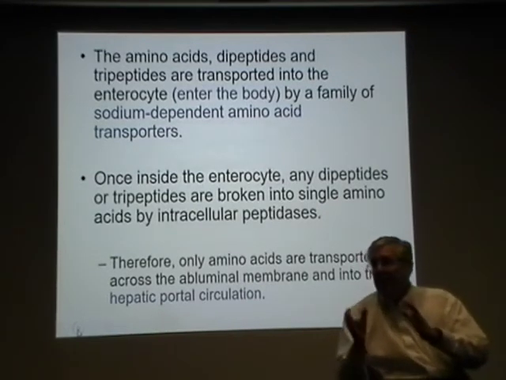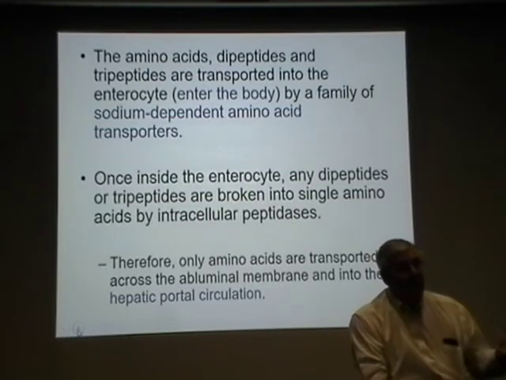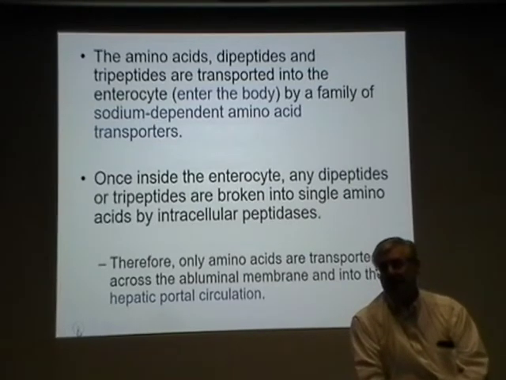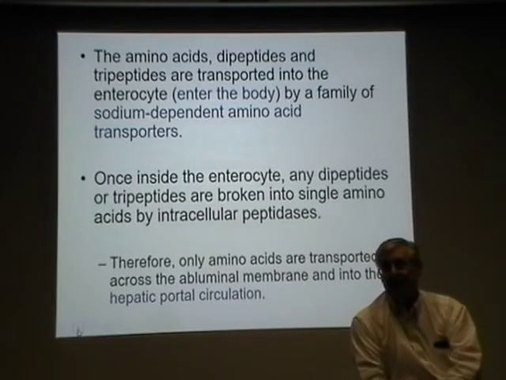So I have to be pretty careful here in the way I think about things. In what form do dietary proteins enter my body? Partially correct. Yeah, amino acids, dipeptides, and tripeptides.